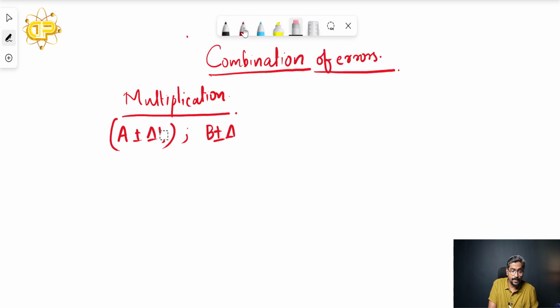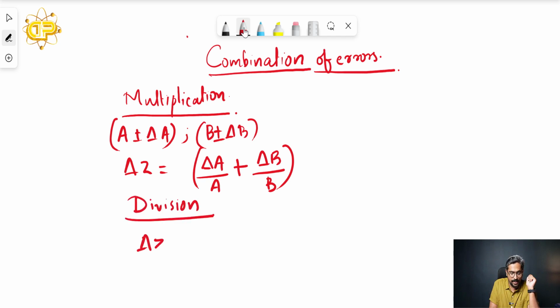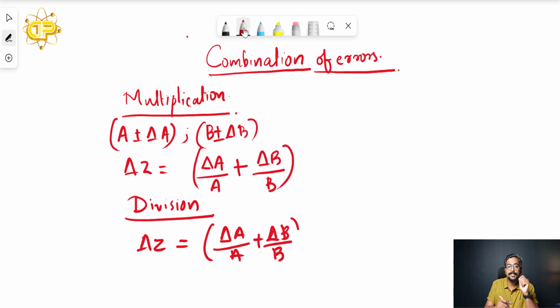The combined error will be equal to the sum of the relative errors of the individual readings, that is delta A by A plus delta B by B. This will be the answer for delta Z. In the case of division also, delta Z will be equal to delta A by A plus delta B by B. In both cases, the combined error will be the sum of the relative errors of the individual readings.